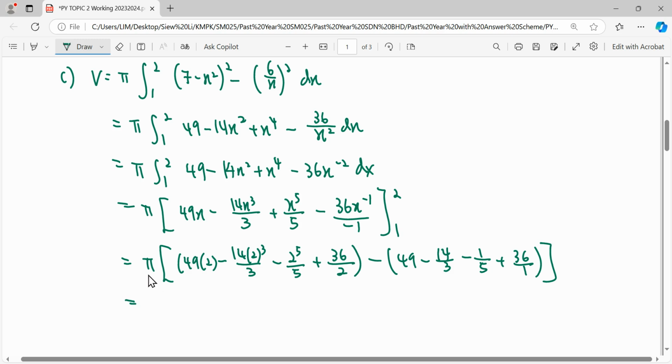And our answer can be in terms of pi, so we just need to calculate this with your calculator. It can give you 68 over 15 pi. Or if you press it with the pi, it will give you the decimal, which is 14.242.